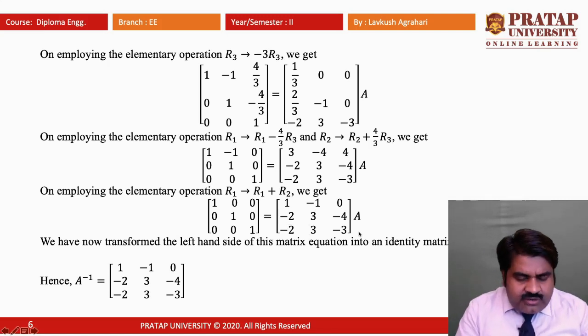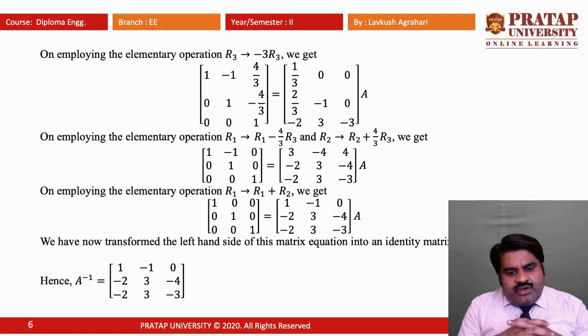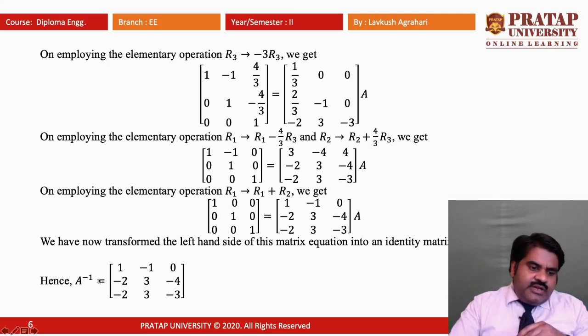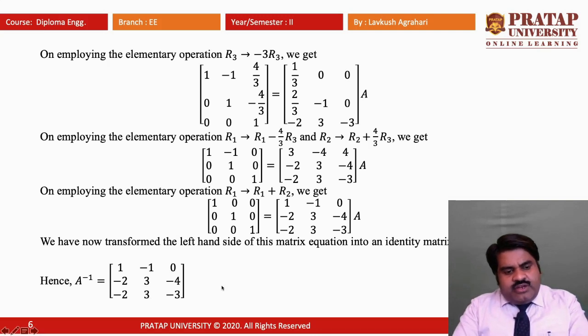So if we see that the matrix on the left hand side is an identity matrix, in this step we can say the inverse of the matrix A is the right hand side of the matrix equation. So we can say the inverse of the matrix A is 1, minus 1, 0, minus 2, 3, minus 4, minus 2, 3, minus 3. In this way we can get the inverse of the matrix A.